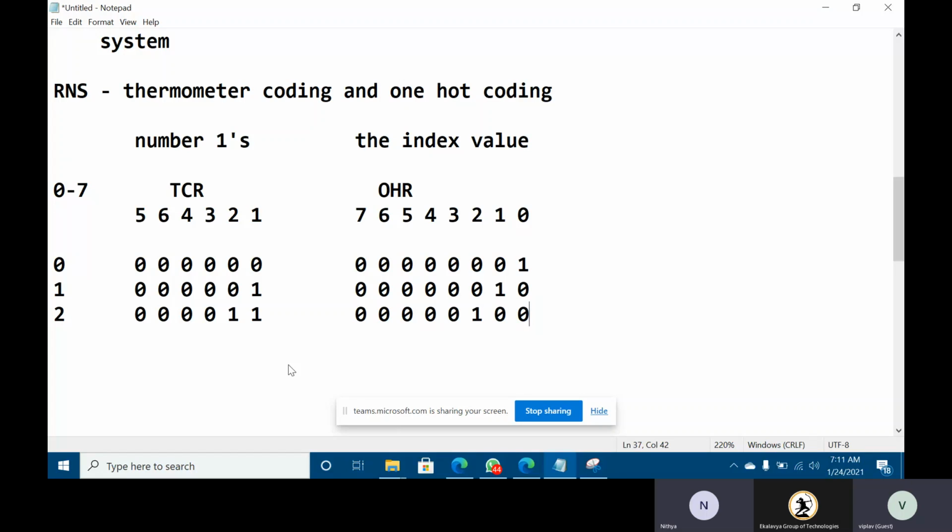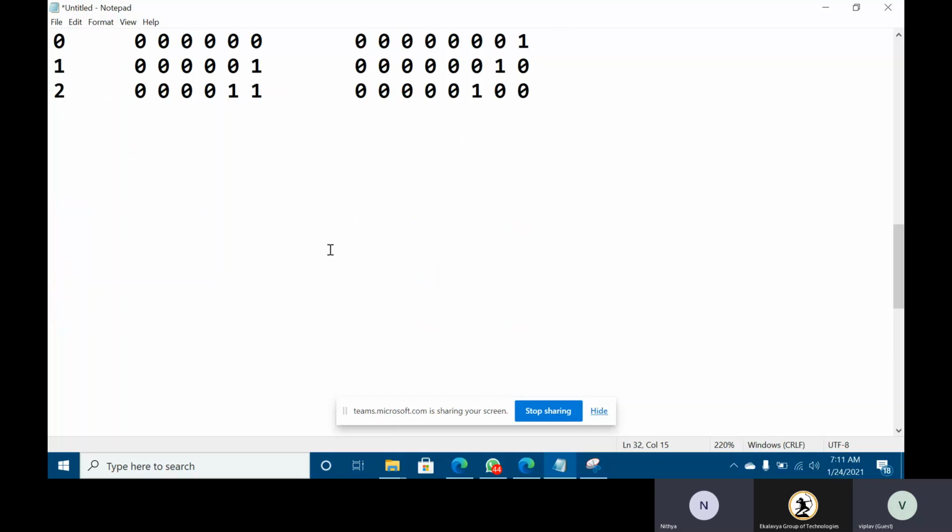Yes, sir. Suppose I want to add these 2 numbers, A equals 4 and B equals 5.